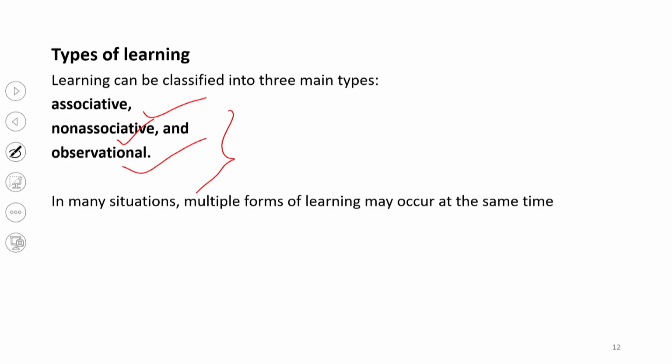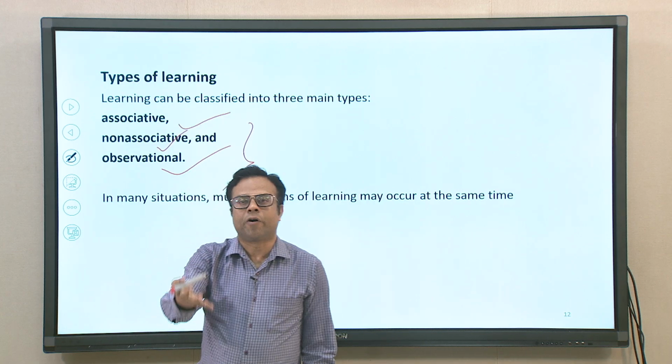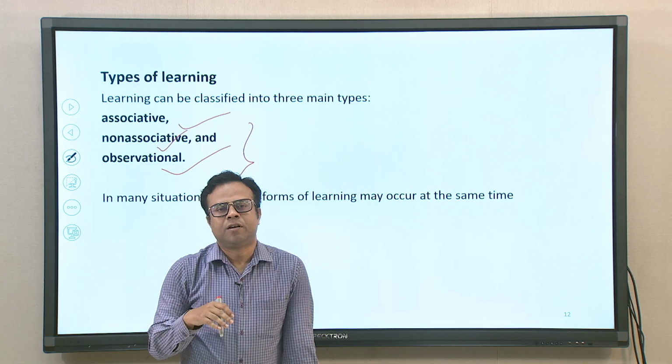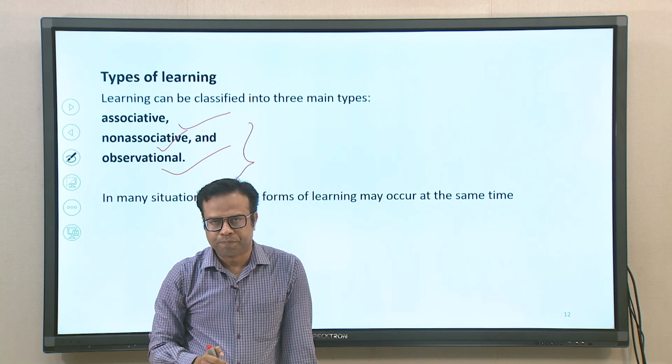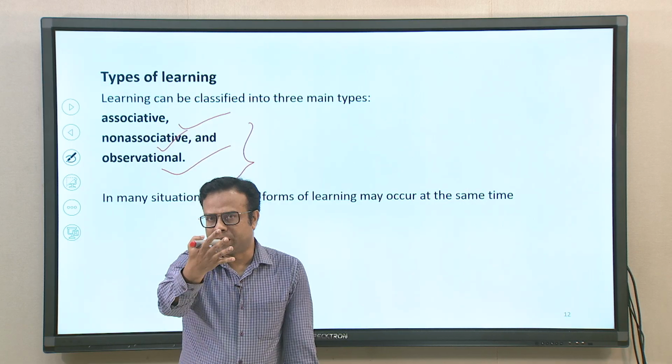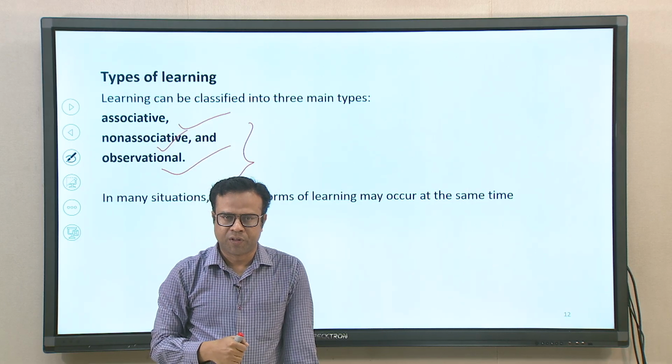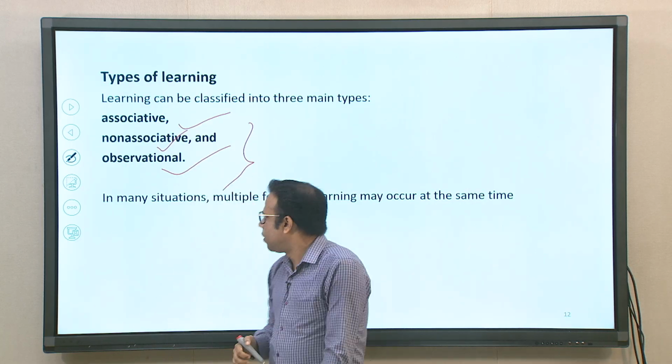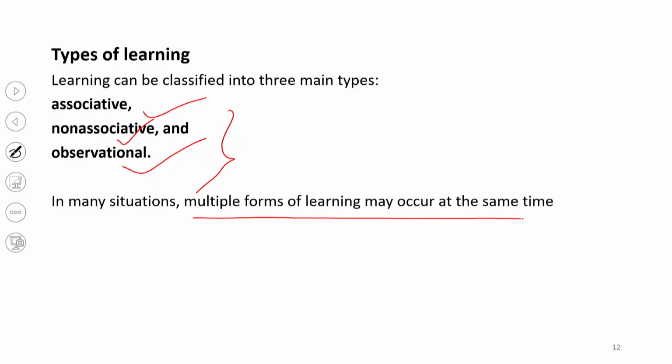All kinds of learning that we acquire in our life could be one of these 3. In many situations, multiple forms of learning may occur at the same time. There can be situations where we use all 3 categories simultaneously or sequentially, depending on the situation.